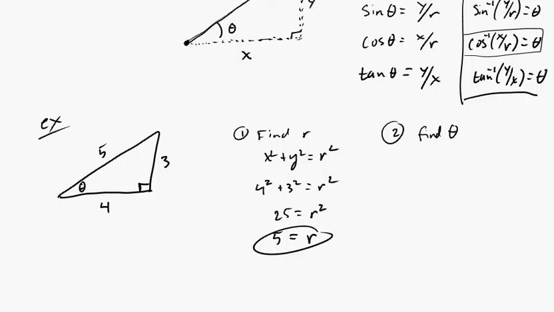But let's just find theta using cosine inverse. So cosine inverse of x over r, that would, in this case, this is x and this is r. So it would be 4 over 5 equals theta. And so that is what you literally type into your calculator, cosine inverse of 4/5.